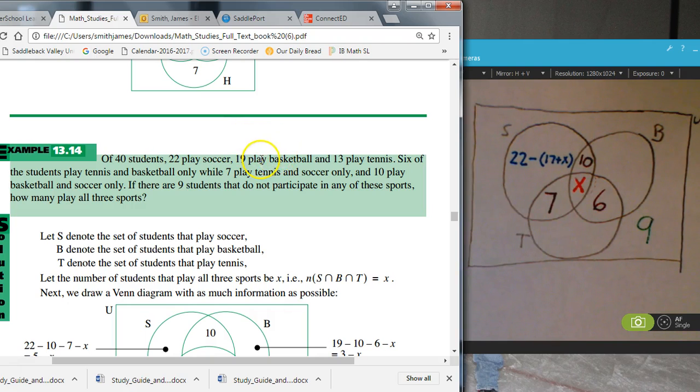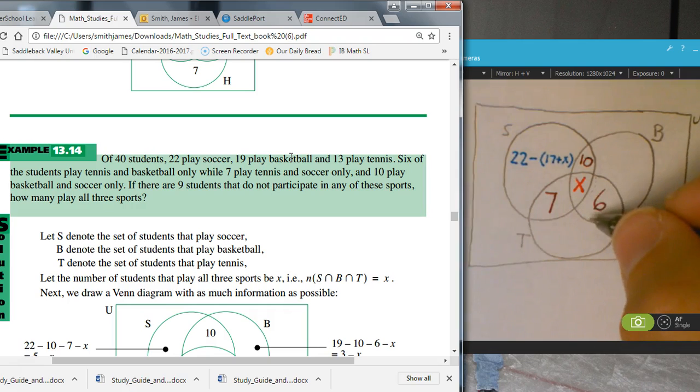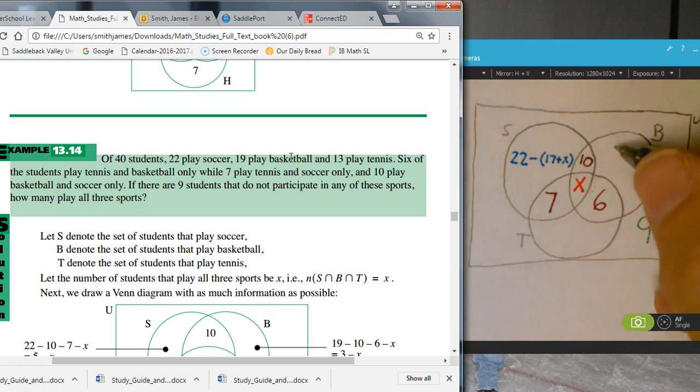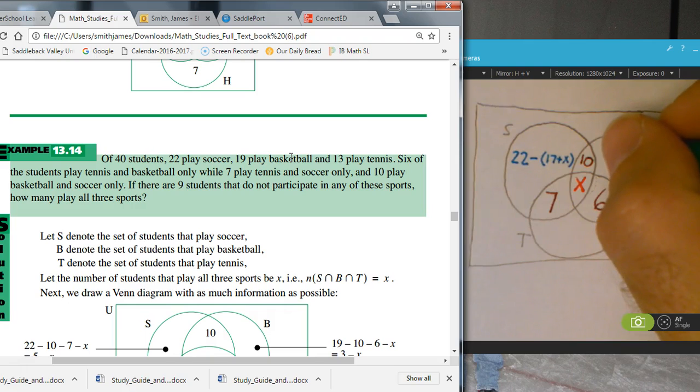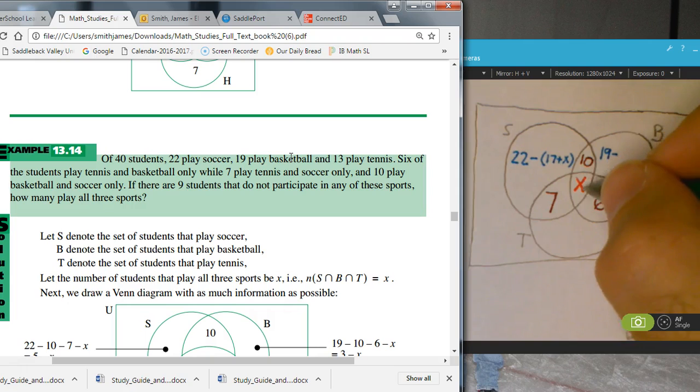Read on, and it says 19 play basketball. So again, do the same thing for the basketball set. I have a total of 19 players within set B, minus the ones that I've already accounted for.